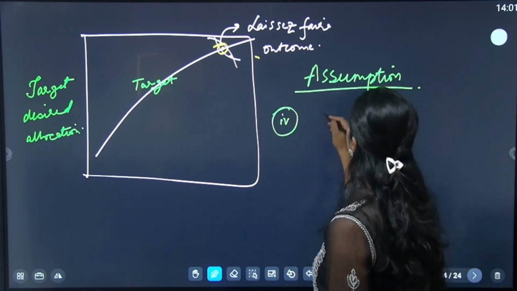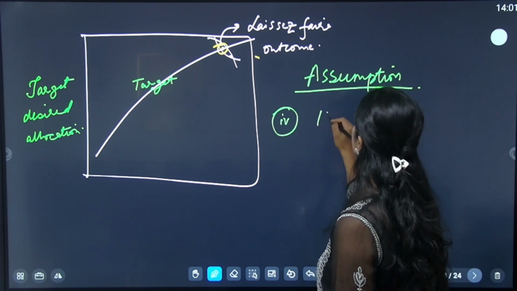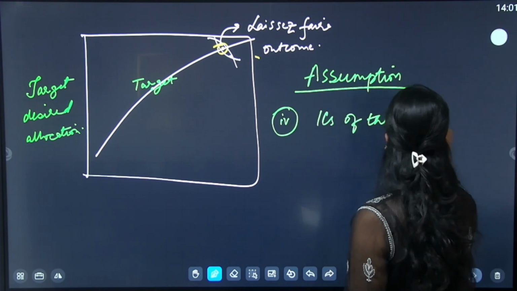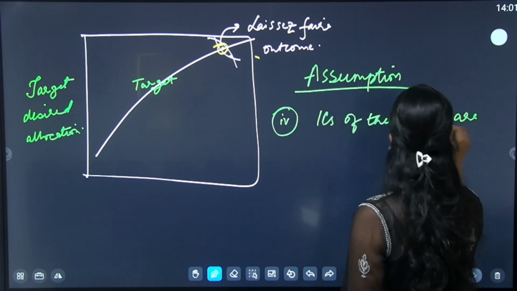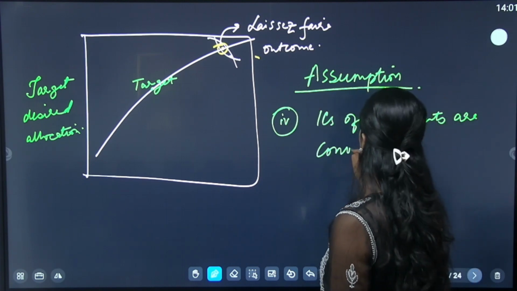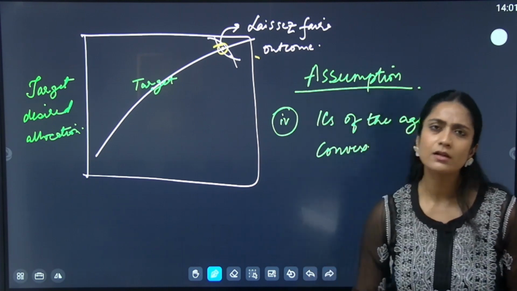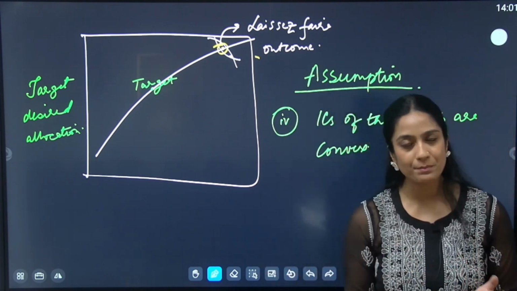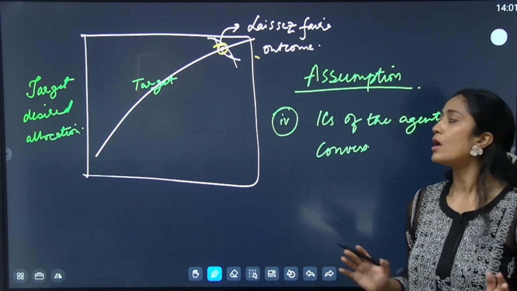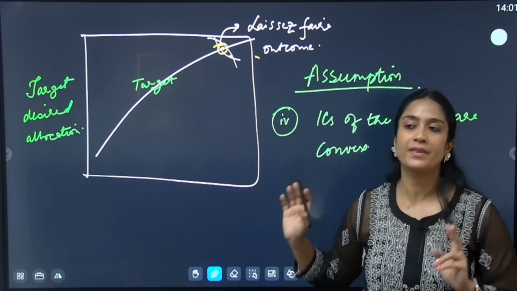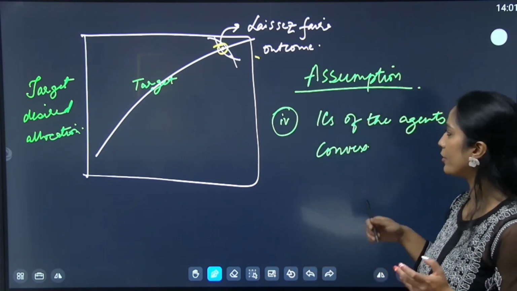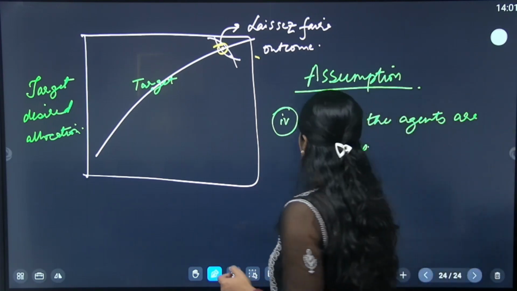We require that the ICs of the agents are convex. Okay. So this is a very standard assumption, but it was not required per se in the first welfare theorem. For the second welfare theorem, this is something that we will require.